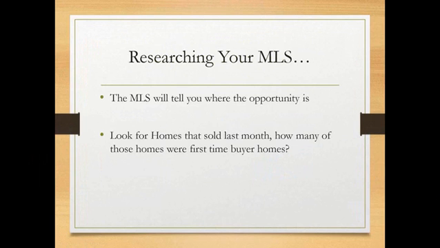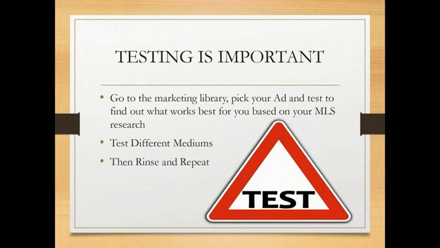What you do is you go to the marketing library, you pick the ad, and then you test different mediums, different methods of delivering that message to the target market. If you pay attention to the results, you're going to understand within a couple of weeks which of the ads work the best, which of the mediums work the best.